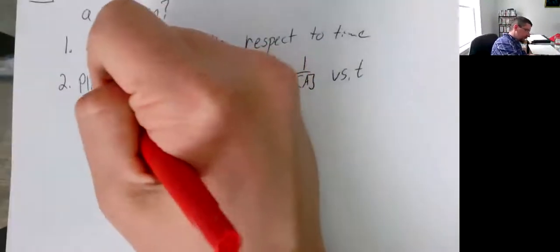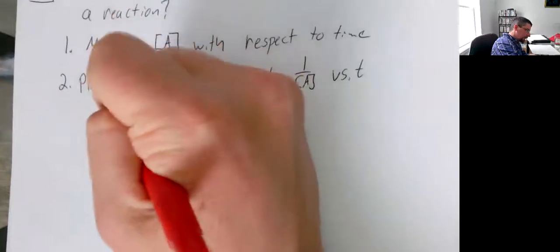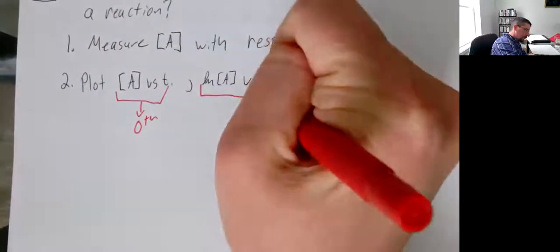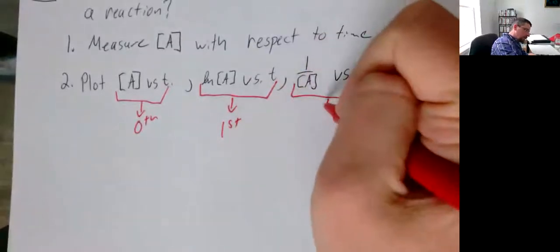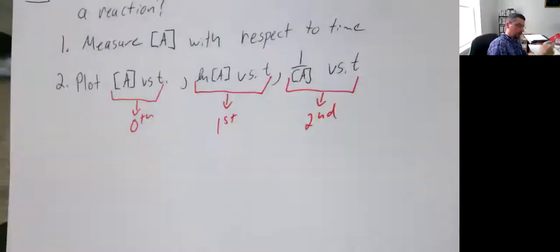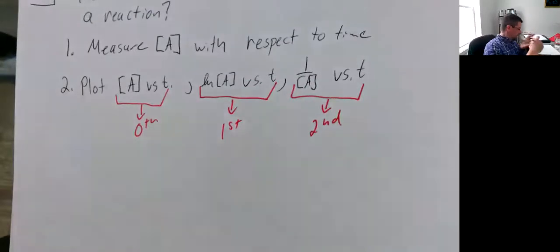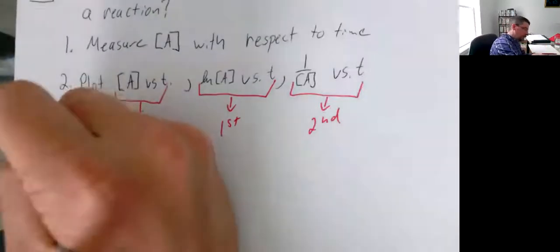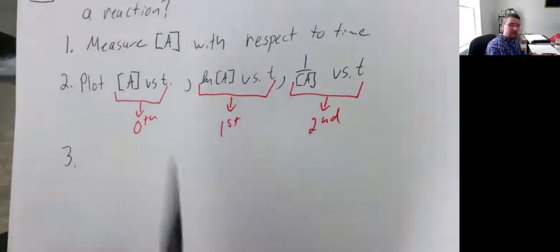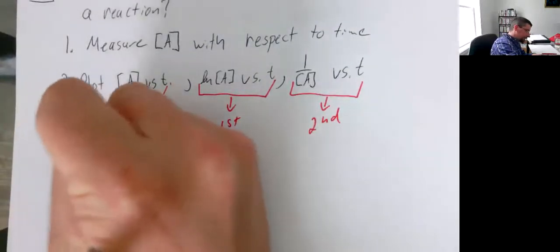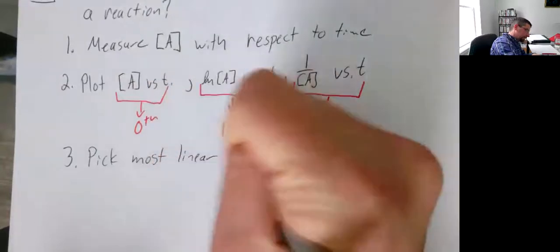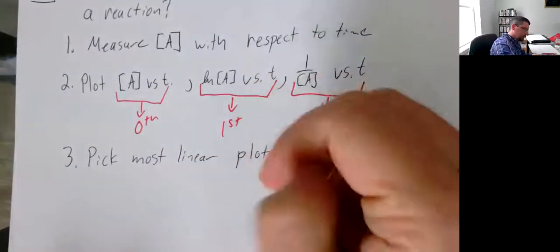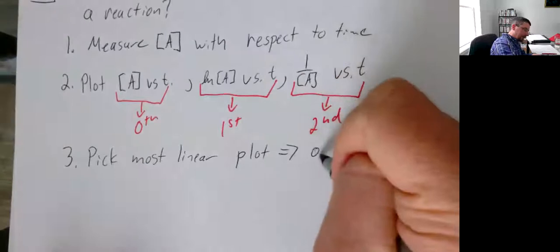So this will be for the 0th order. This will check to see if it is first order, and this final one will check to see if it's second order. And then what do you do afterwards? You pick the most linear plot of these plots, and that tells you the order.